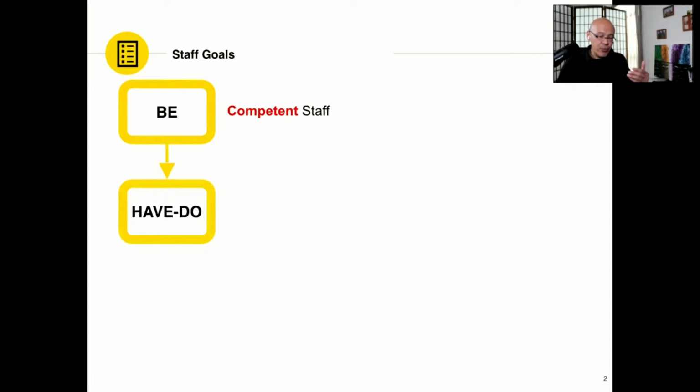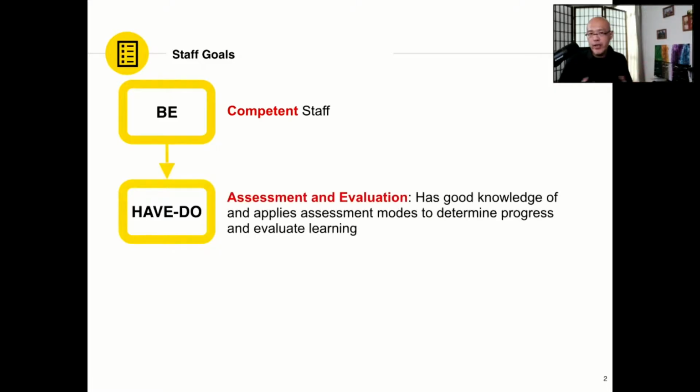An example that I can share with you here is, let's say we are talking about a competent staff, but in order to reduce the level of confusion and different interpretation, we want to bring in the have and the do components. One way of doing that is to talk about what kind of competencies a competent staff must have.